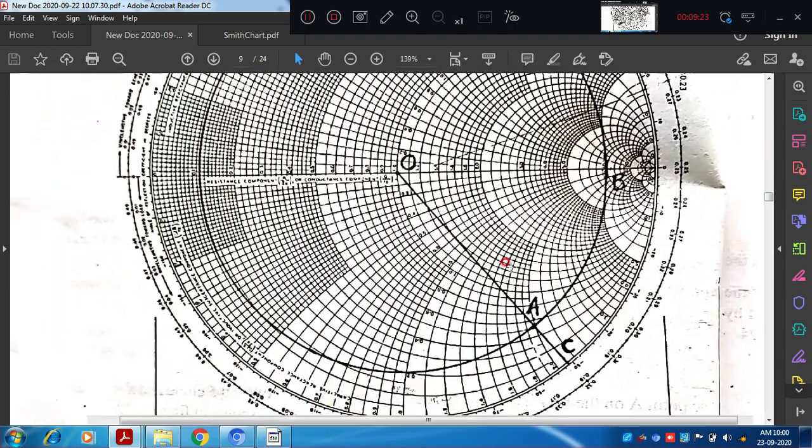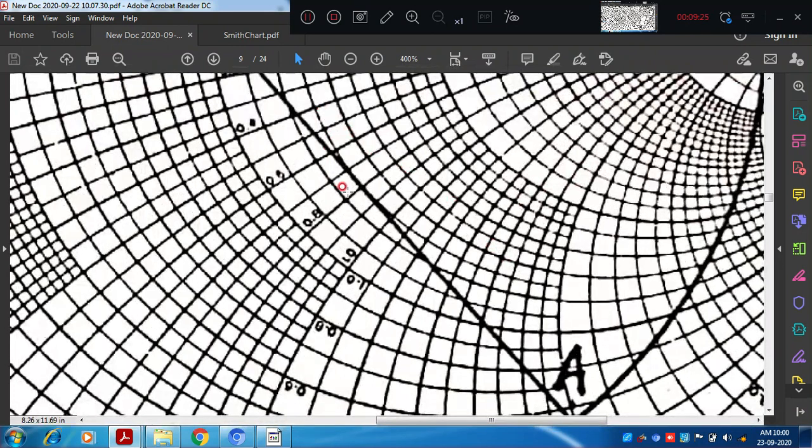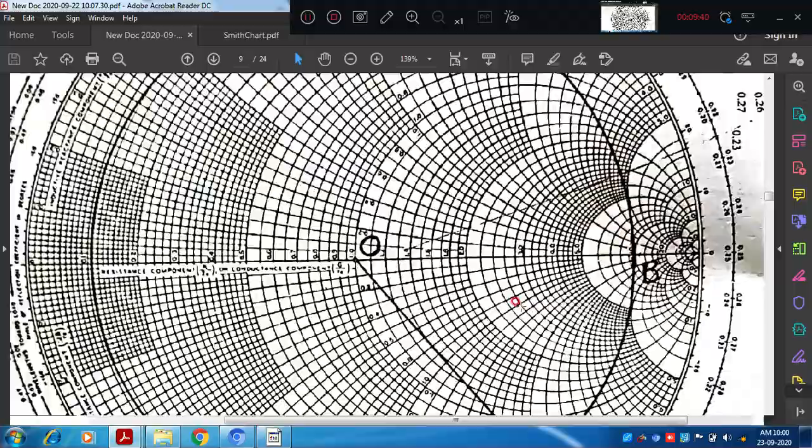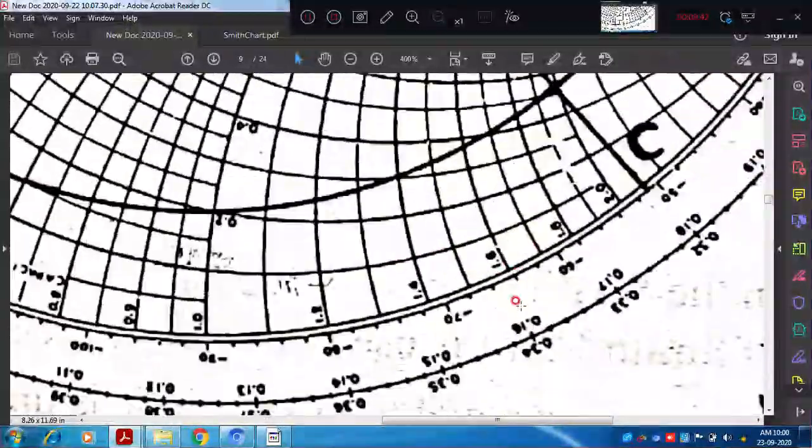See, we need to observe here the resistance circle where exactly the value is what? 0.5. Taking a point 0.5 as well as arc 2. See, minus 2, so that will appear here minus 2.